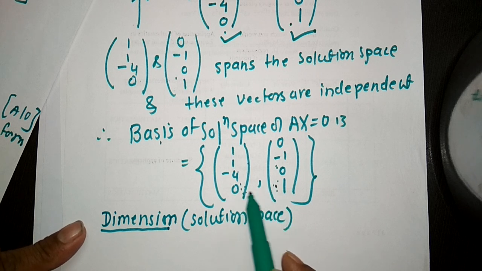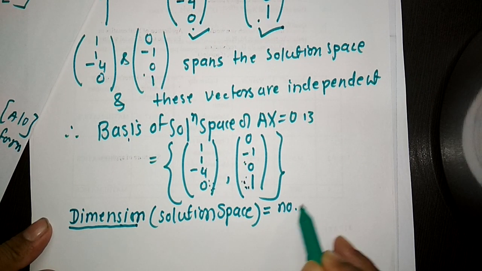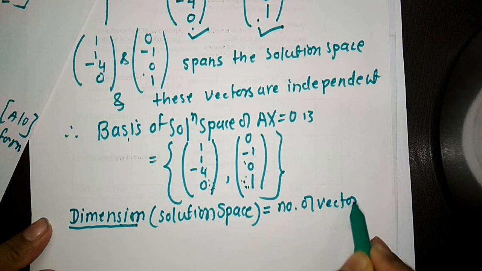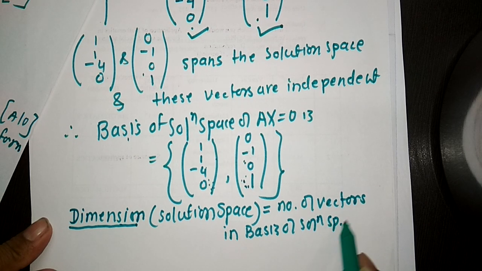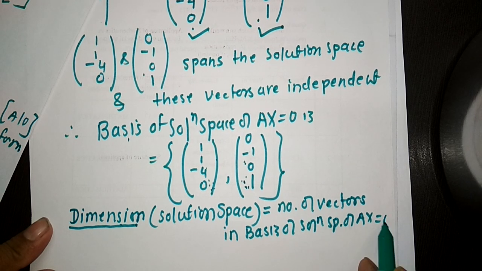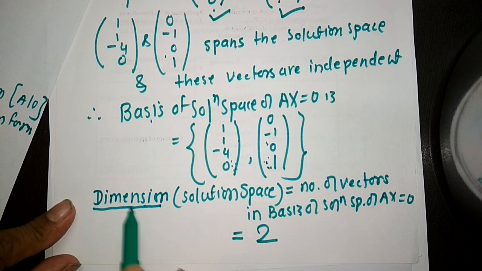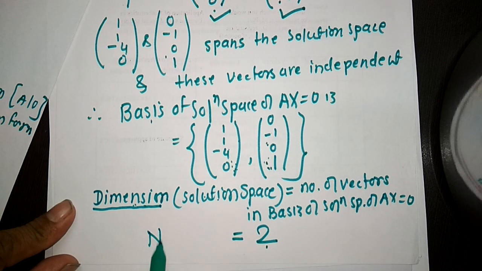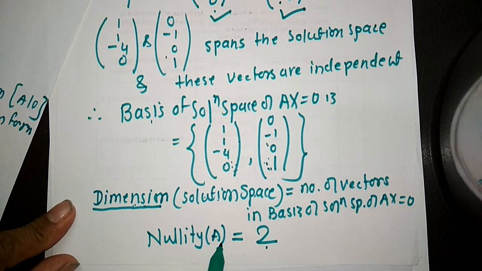Here the basis contains 2 vectors, so the dimension of the solution space, the number of vectors in the basis of the solution space of Ax equal to 0, is 2. The dimension of the solution space is also known as the nullity of a matrix.